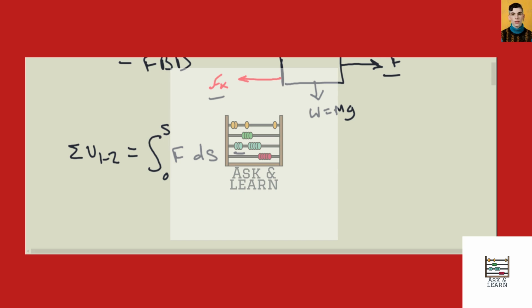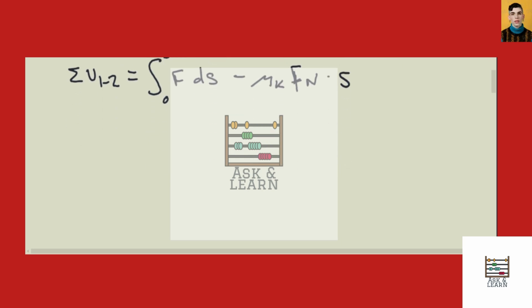And that's given as the coefficient of kinetic friction times the normal force Fn, and of course times s. Let's focus on this first part. We'll call this part 1, and we'll call this 2.